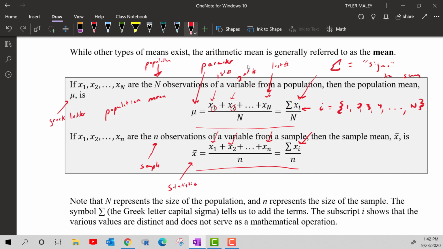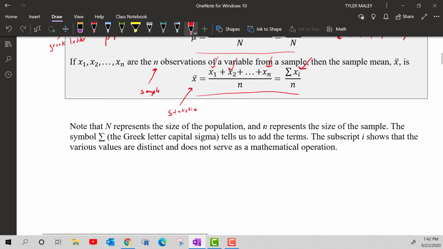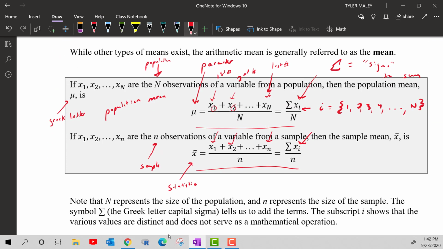So it might seem kind of weird to see, but sigma notation is really helpful and just an easy way to write that. And we're also going to need sigma notation in the next section when we deal with calculating standard deviation. So sigma just means to add.